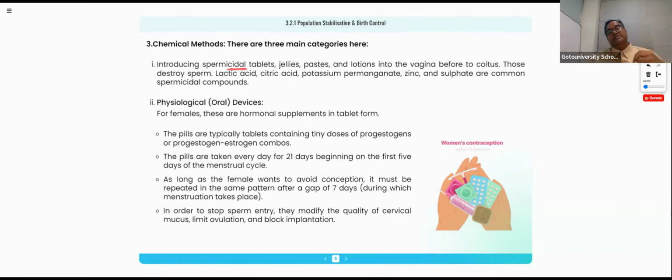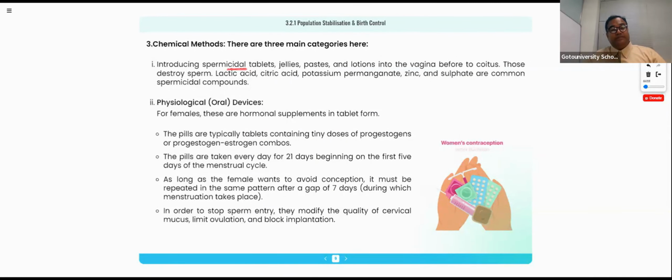Spermicidal creams are available in the pharmacy. Before copulation, they can be applied over the penis or external genitalia, so that the sperms will be killed. Even though they enter the female body, they won't cause any fertilization. This is another easy method of stopping pregnancy, right?